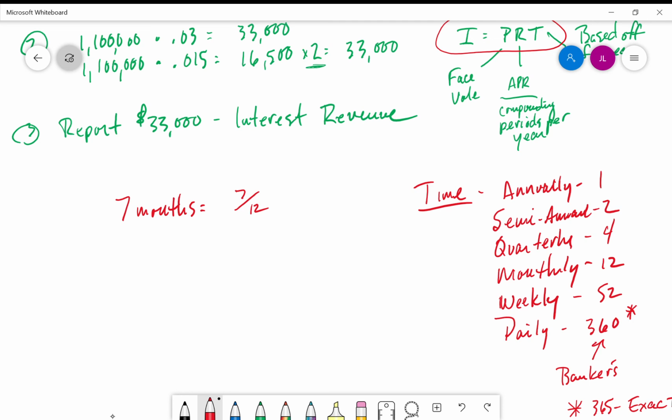If we're doing this for 45 days, it depends on whether it's exact or bankers. Usually, for our intents and purposes in accounting, we're going to assume it's exact. So we'd have 45 over 365 for time. If we're doing, say, 3 years, then it'd be 3 over 1 or 3.